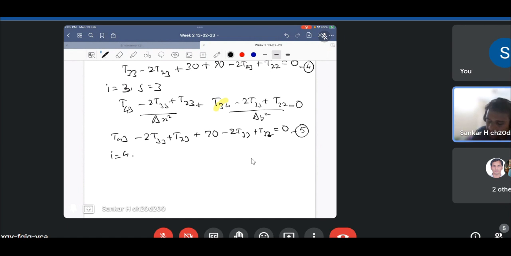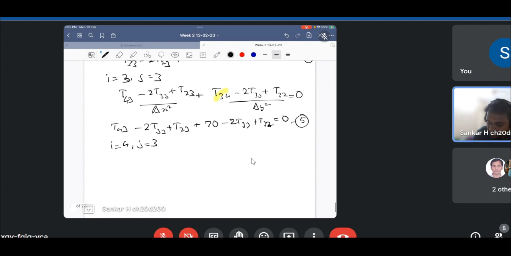Moving on, i equal to 4, j equal to 3. We'll again get the equation as T53 minus 2T43 plus T33 by delta x square plus T44 minus 2T43 plus T42 by delta y square should be equal to 0.